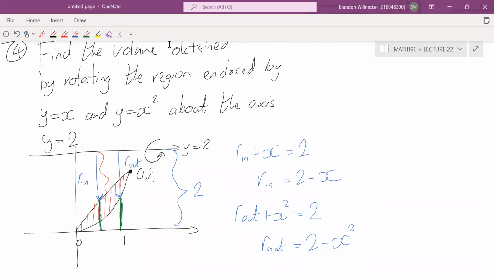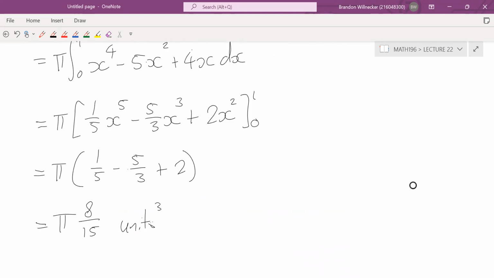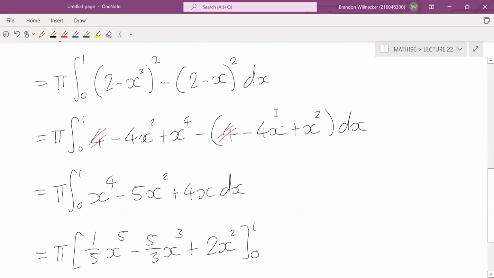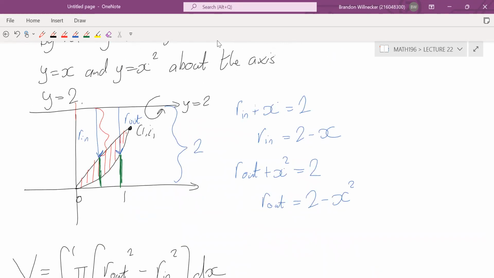The only difference in this case is a little bit more work finding the radii, but as long as you remember how to find the radius in each case, it just goes back to the previous examples.